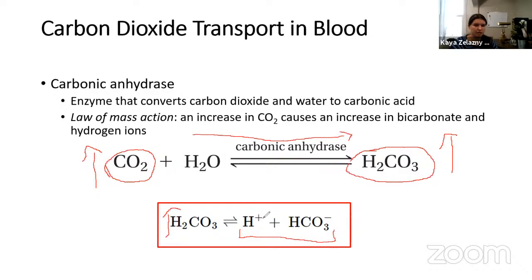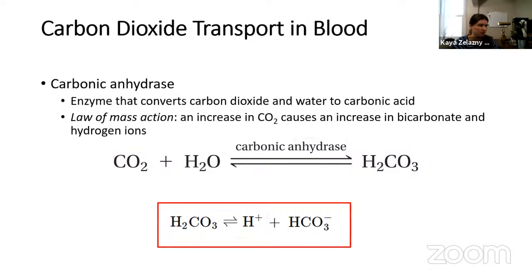The presence of hydrogen ions is what creates acidity. This is what lowers the pH. So that's what's happening as we're carrying carbon dioxide, and this is why carbon dioxide being present is also considered as lowering the pH eventually, especially in our other units.